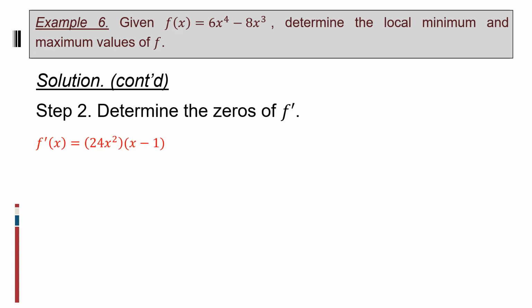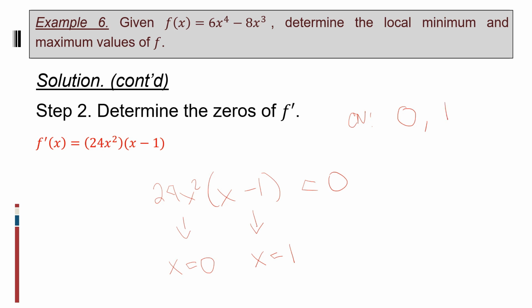So f prime of x is actually equal to 24x squared times x minus 1 in factored form. So equate lang natin yung 24x squared times x minus 1 to 0 by equating each factor to 0. So dito, ang x natin is equal to 0. And in this one, ang x natin is equal to 1. Therefore, our zeros are 0 and 1.